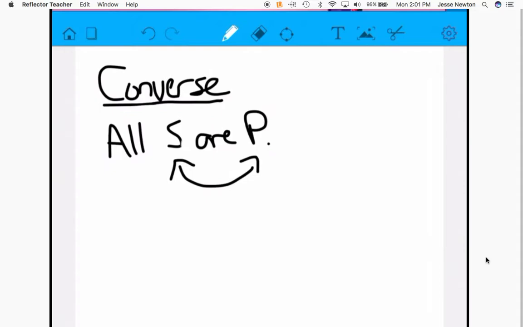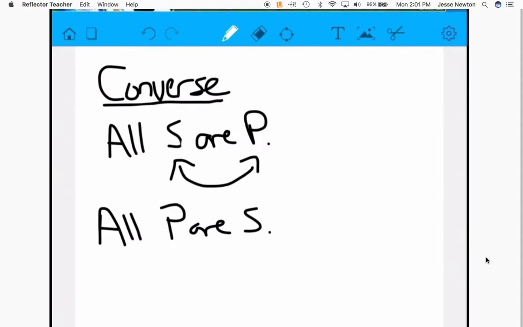So the converse of all S are P is going to be all P are S. And we have a question here. Is the converse of an A-form proposition, are these logically equivalent? Is all S are P logically equivalent to all P are S?